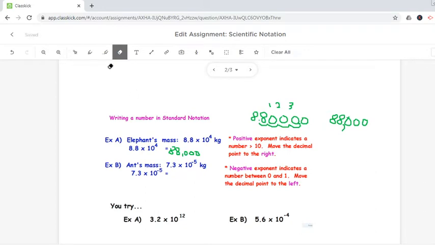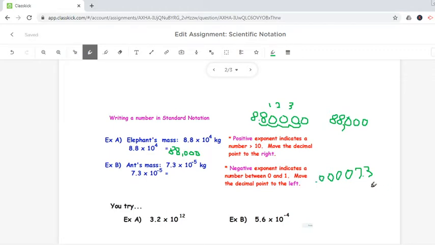Okay, so we have 7.3. I'm gonna do 4 zeros. 1, 2, 3, 4. Okay, so that's 1, 2, 3, 4, 5.